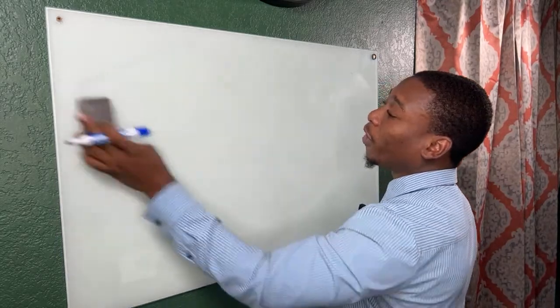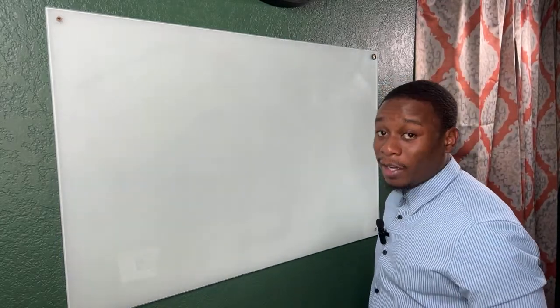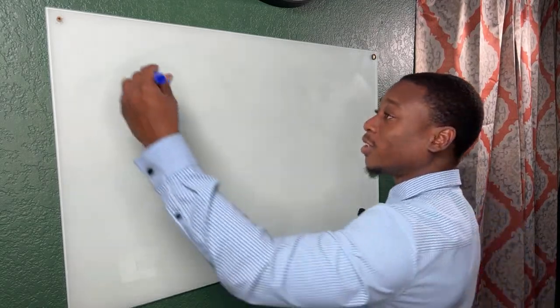So there are two very important rules when we're talking about adding and subtracting radicals. So let's write these examples out.